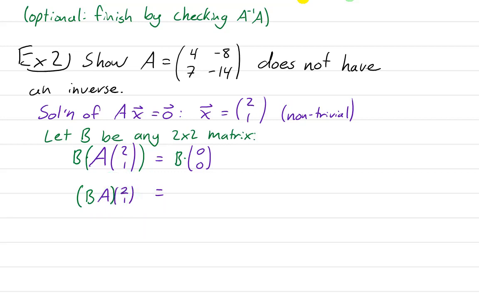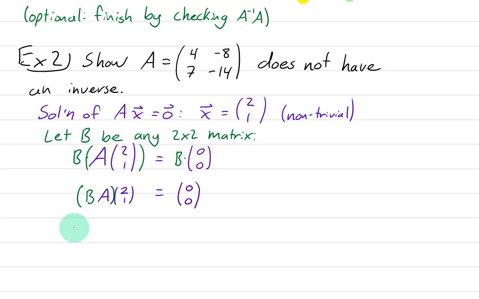Then let's think about what any 2 by 2 matrix times (0, 0) is. Well, 0 times the first column plus 0 times the second column is always going to give you 0. So if you multiply A by any matrix B, then that times (2, 1) is still going to give you 0.